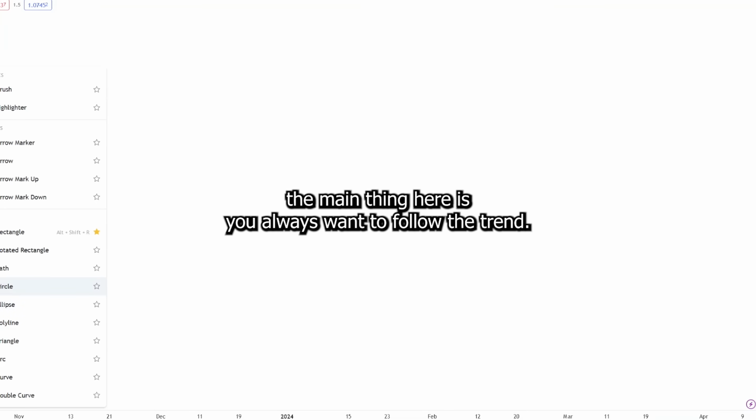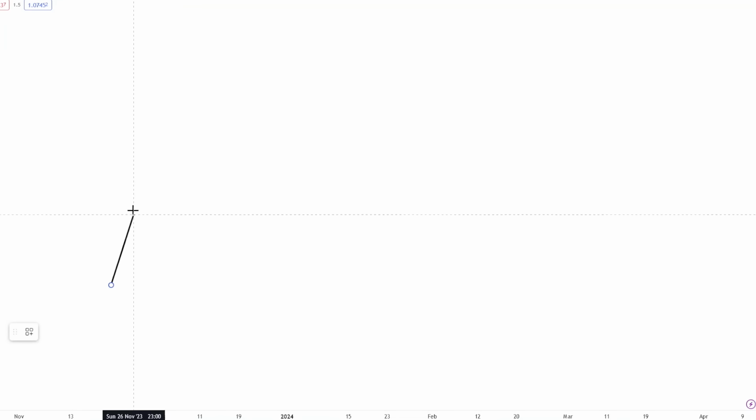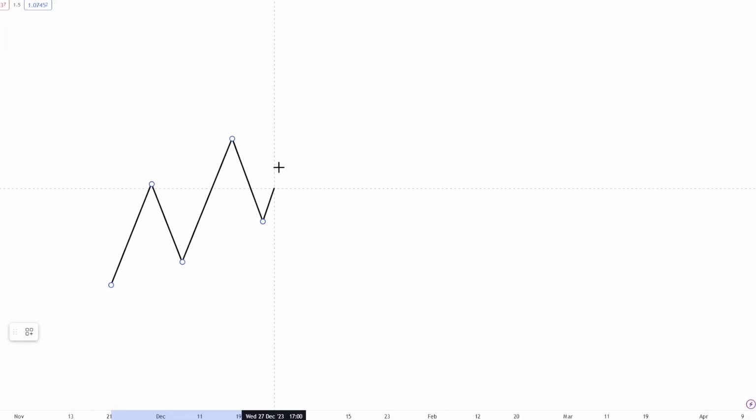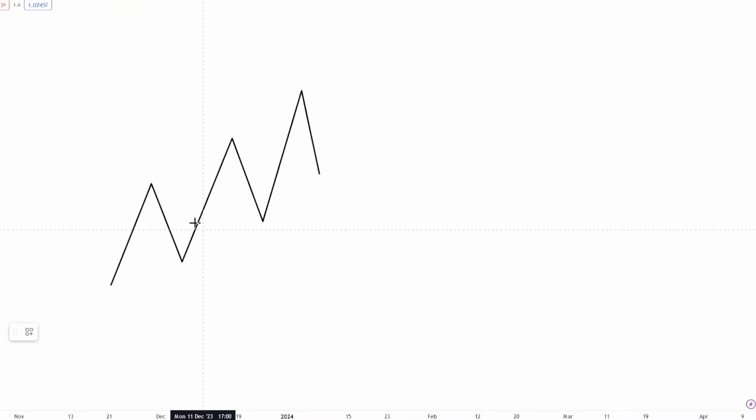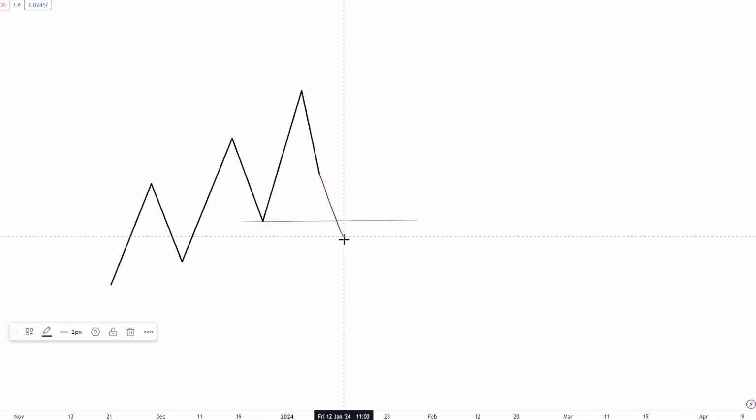So to wrap things up, the main thing here is you always want to follow the trend. So let's say price is bullish. If you're targeting your swing lows in a bullish trend, you can expect price to come down here, take this level out, and continue higher.